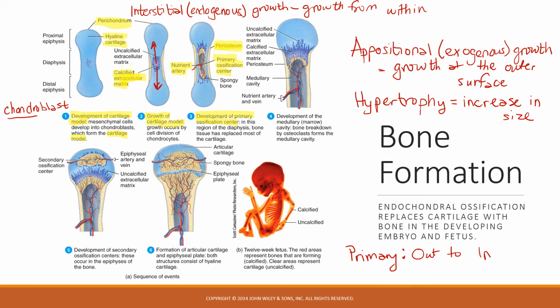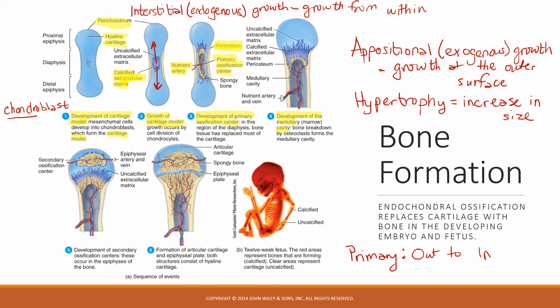Number 4 will be development of the medullary cavity, or the marrow cavity. So as the primary ossification center grows towards the ends of the bone, osteoclasts will break down some of the newly formed spongy bone trabeculae, and this activity leaves a cavity.